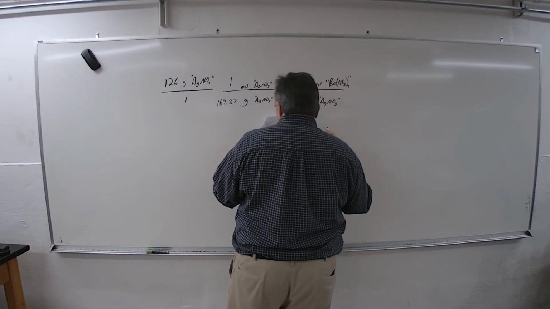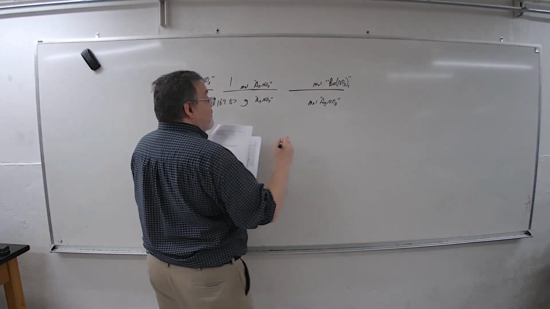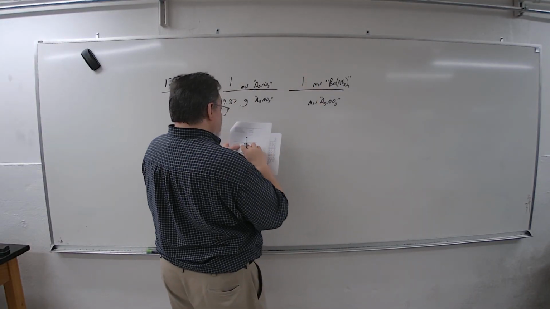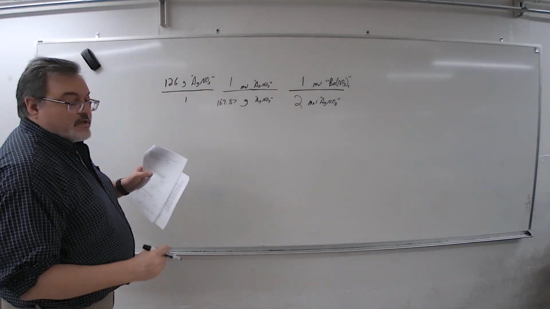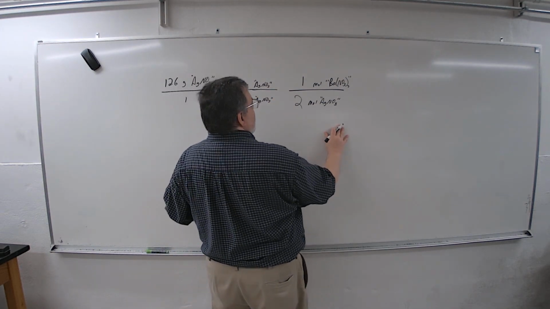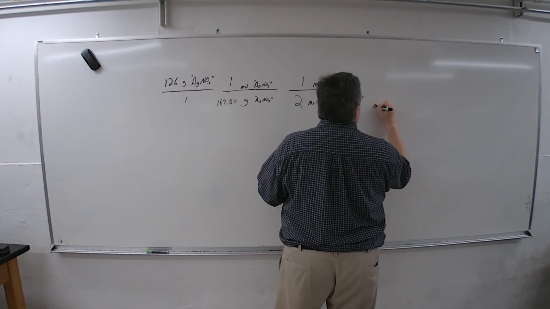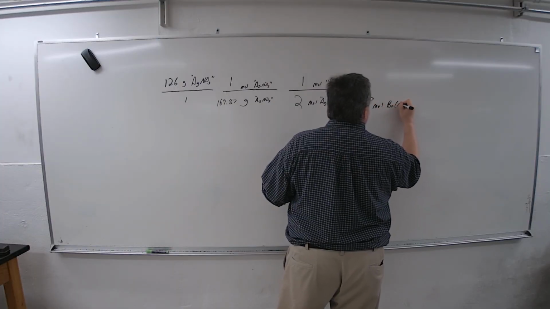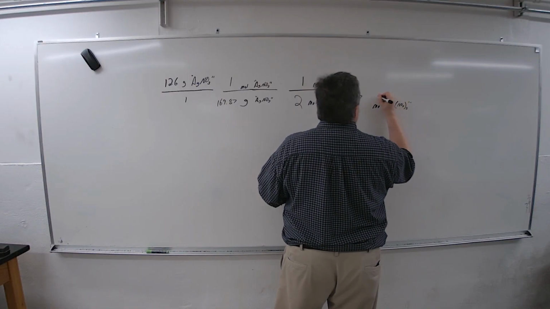And this is where we go moles to BaNO3, and that you get from the equation. So there's 1 mole of BaNO3 to 2 moles of AgNO3. Those are the coefficients from the equation up above there. So now moles of AgNO3 cancel.